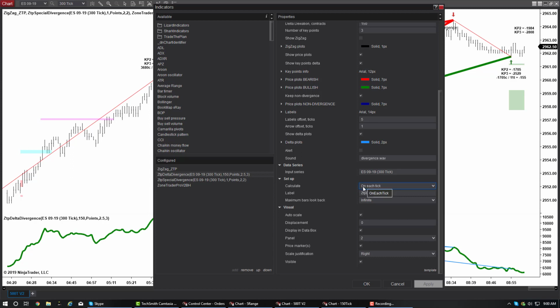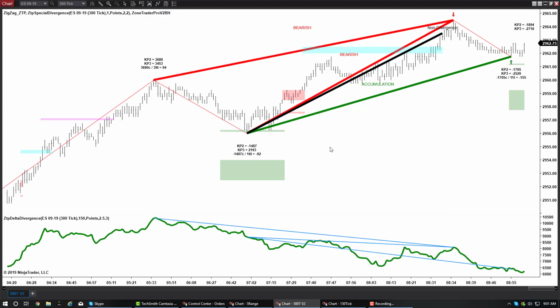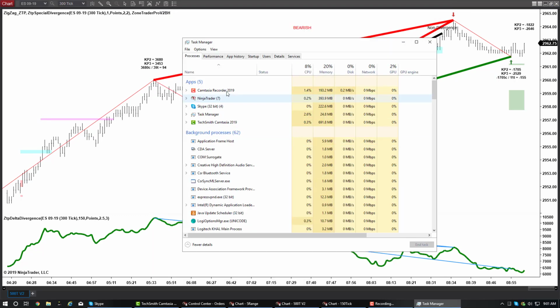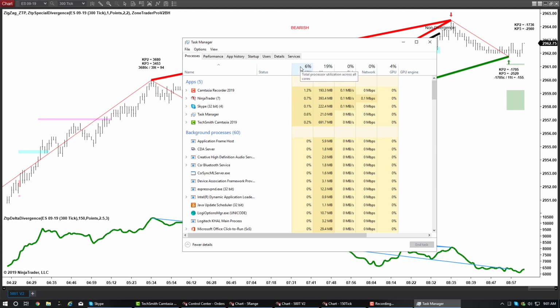Now, what you should do is when you are using this and the market is open, you should check your processor. The way we do this is go to Control-Alt-Delete on your keyboard and bring up your processor, and you'll see that my overall processor right now is running at 6%, but NinjaTrader is only using 0.3, 0.4% to do its calculations.